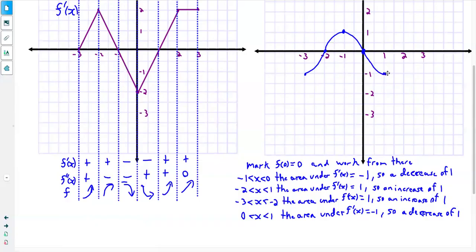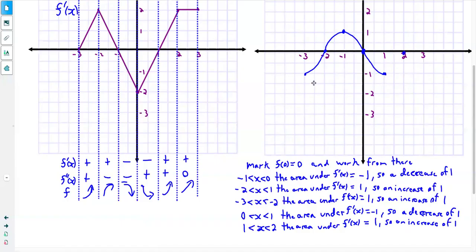So we'd have something that looks like that. Then as we're going from 1 to 2, we have an area of positive 1. So an increase of 1. So we'd end up here.